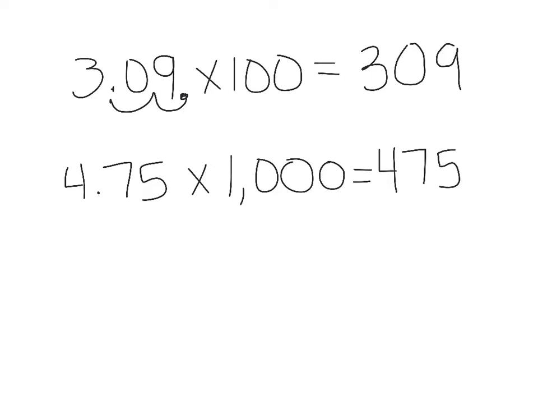And then we have to add a 0. We can also think of it as moving our decimal point 3 places to the right. So we have 1 hop, 2 hops, 3 hops. And so we put in a 0. So our answer is 4,750.